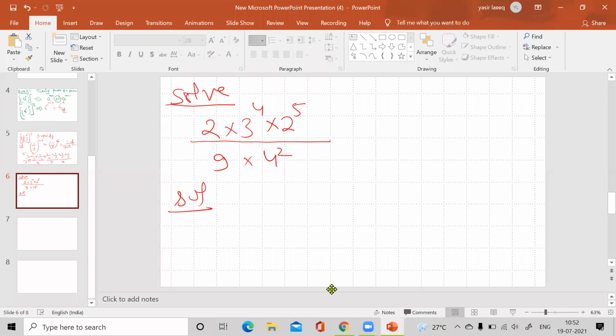Please see it carefully, because in some questions you have to make the same base.